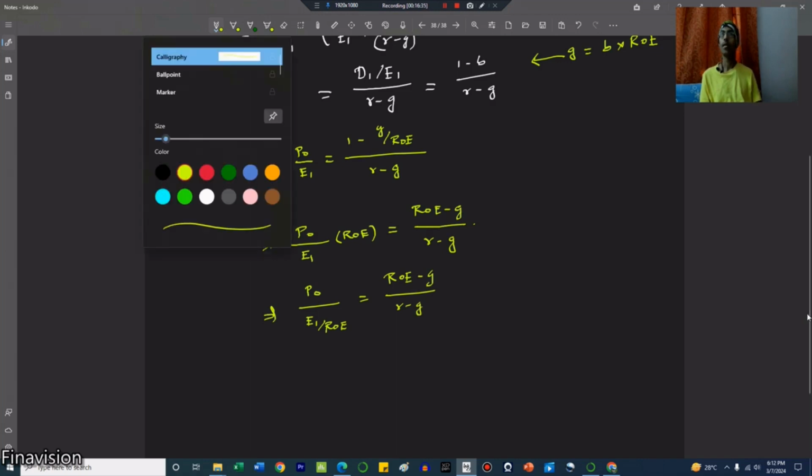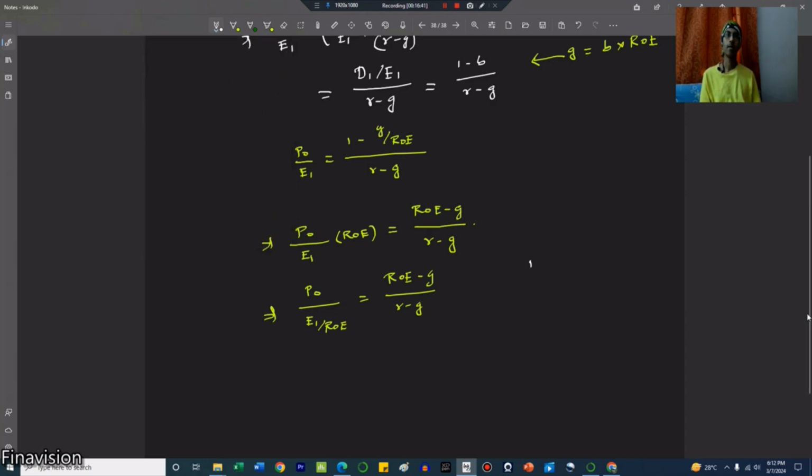Now let us see one more thing here. B0 into ROE, considering ROE is constant, this will give us E1. We have already noticed this from residual income calculations, right? B0 into ROE will give us E1.